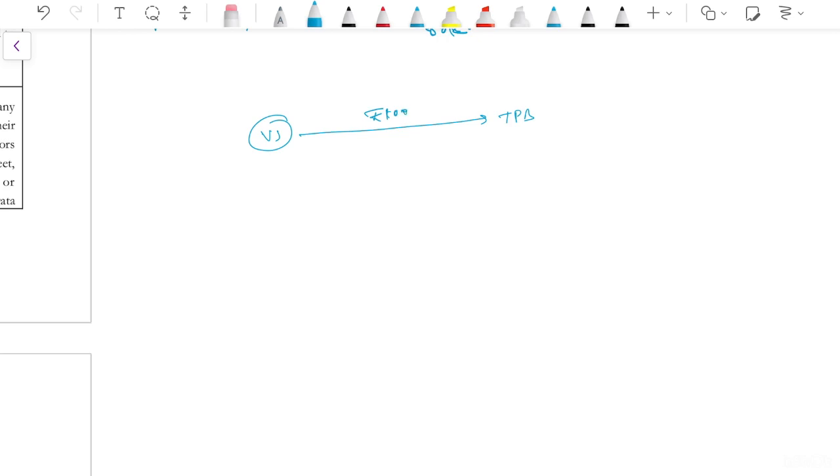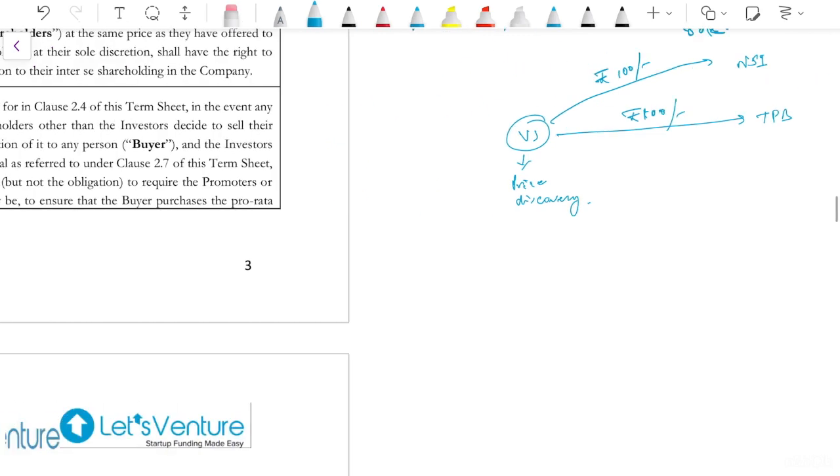Then, because of ROFR, I am obligated to first go to the non-selling investors and offer the same shares at the same price at which I would have offered them to a third-party buyer. Let's call these ROFR shares. The clause puts an obligation on a selling investor to first offer the shares to a non-selling investor at the same price at which they would have been offered to a third-party buyer, which means the onus of price discovery lies on the selling shareholder. Now let's read the clause.